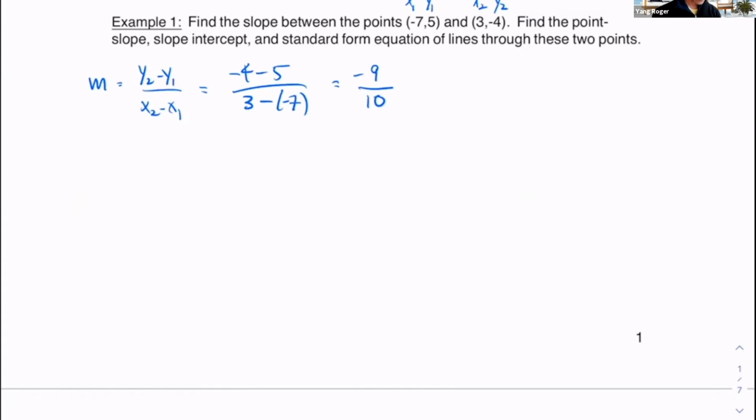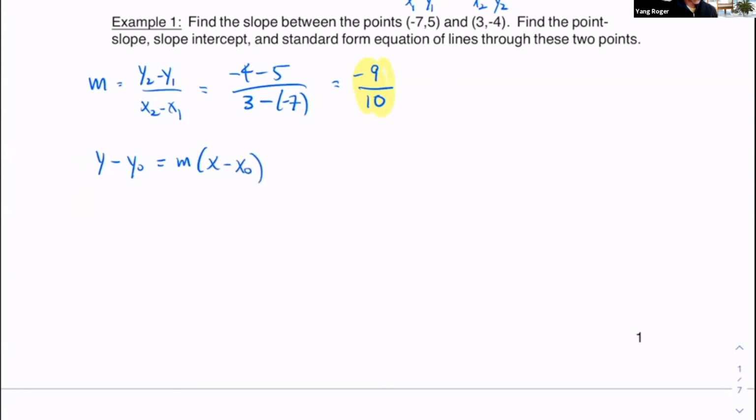All right. So now that we found the slope, which is the first thing that we definitely need to find, it says find a point slope, slope intercept, and standard form. So we're going to use the point slope form first. This is y minus y0 is equal to m times x minus x0.